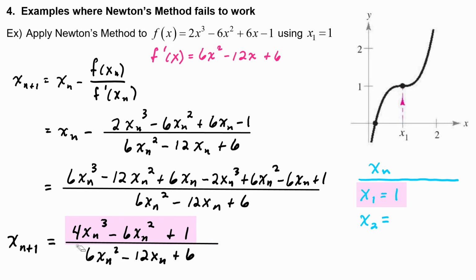So the numerator would be 4 minus 6 is negative 2 plus 1 is negative 1. And in the denominator, when we plug in x1 equal to 1, we get 6 minus 12 is negative 6 plus 6 is 0. And of course, this is undefined, and because of that, Newton's method fails.